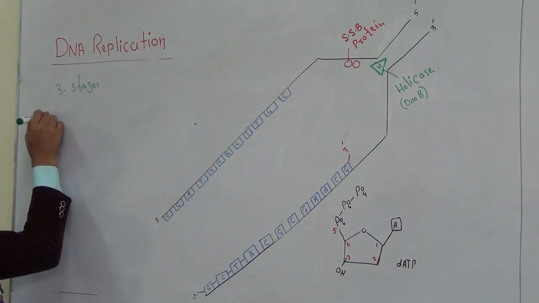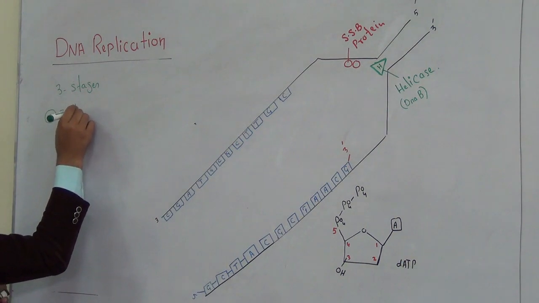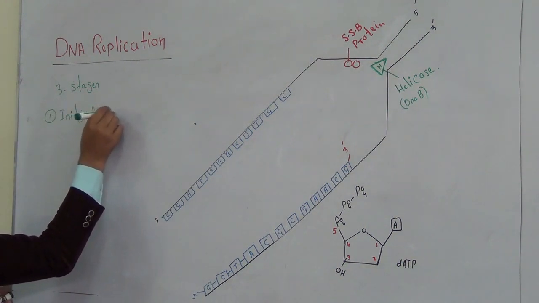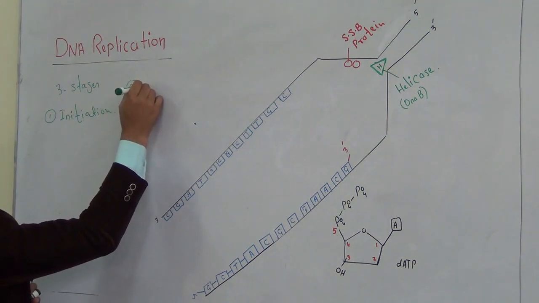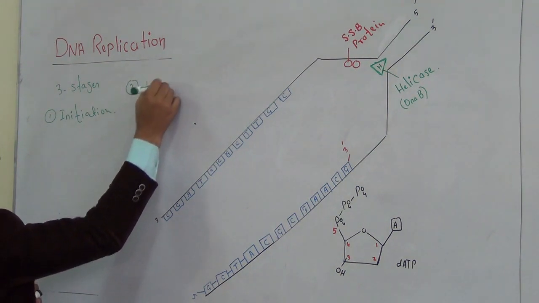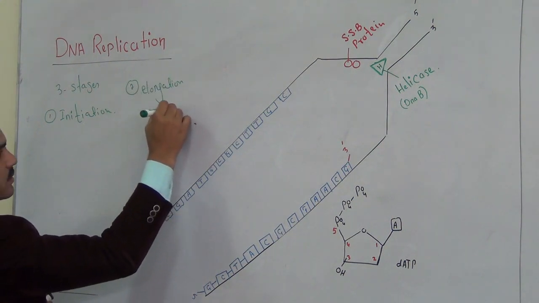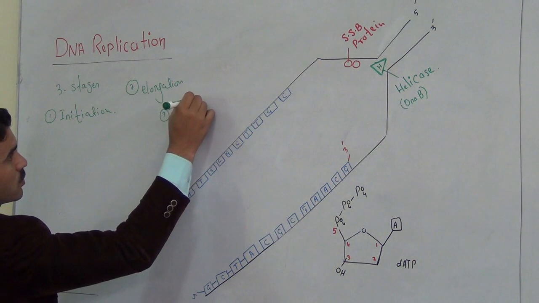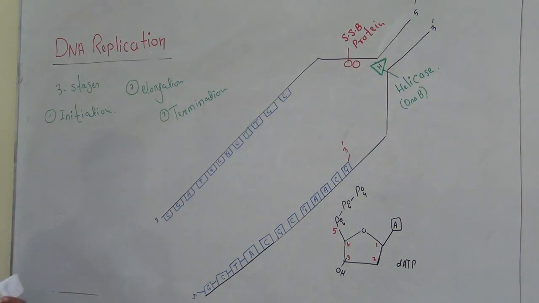Stage number 1 is the initiation. Stage number 2 is the elongation. And stage number 3 is the termination. So we will discuss the whole topic in these three stages.